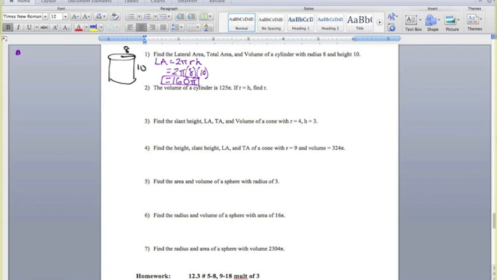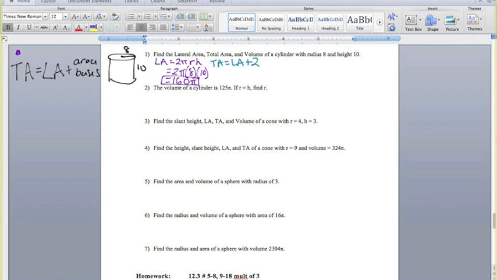Total area, we have talked about it a few times now as being a general idea. So on the formula sheet, there aren't formulas for total area. Total area is lateral plus the area of the bases. So total area is going to be the lateral plus, there are 2 bases to a cylinder because there's a top and a bottom and they're exactly the same.